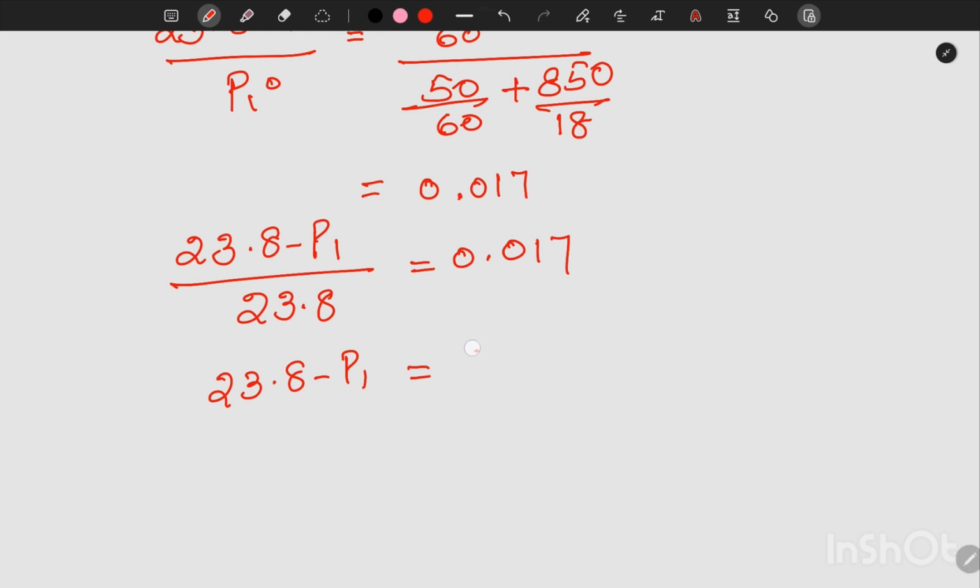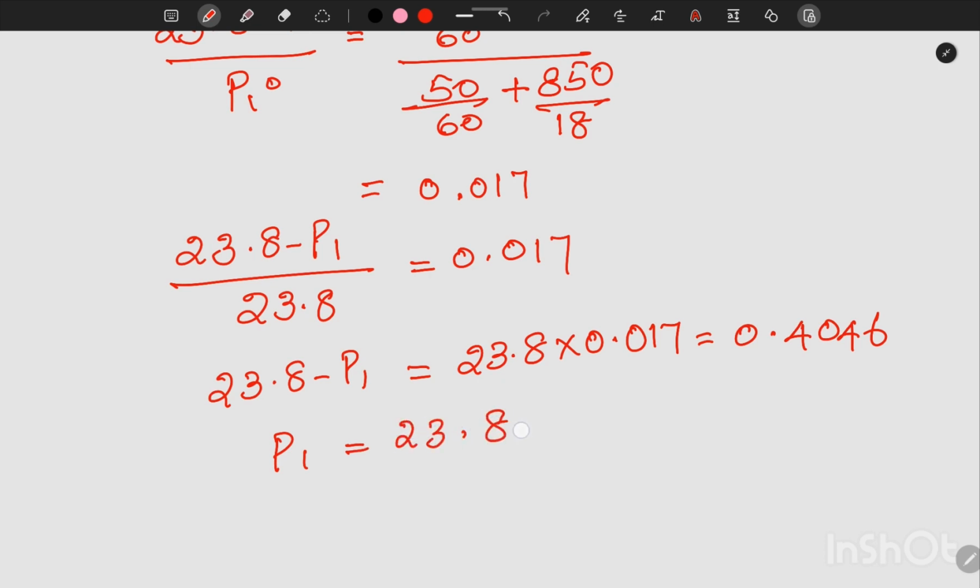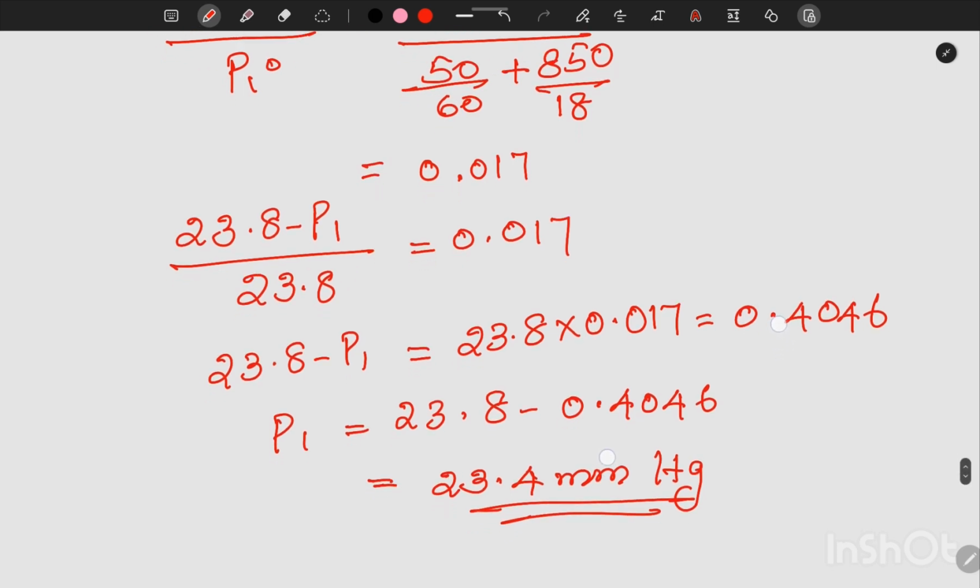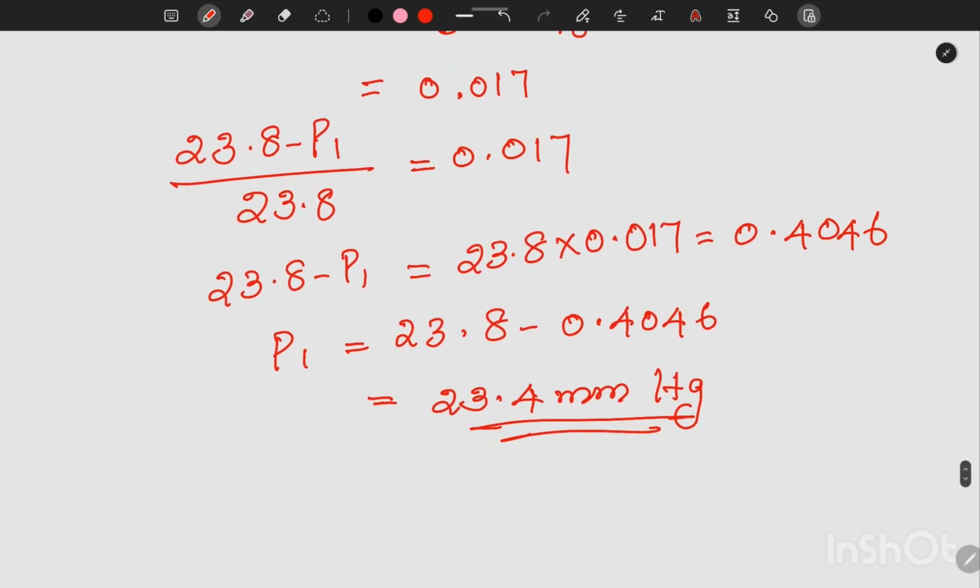So when you multiply 23.8 into 0.017, we will get 0.4046. So P1 equal to 23.8 minus 0.4046, which is equal to 23.4 millimeter mercury. So vapor pressure of water in the solution is equal to 23.4 millimeter.